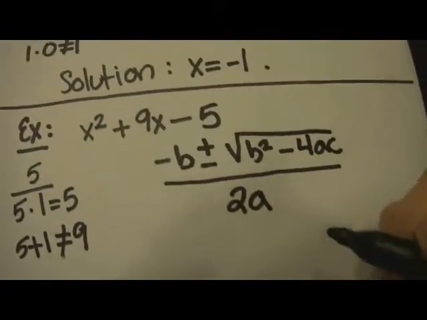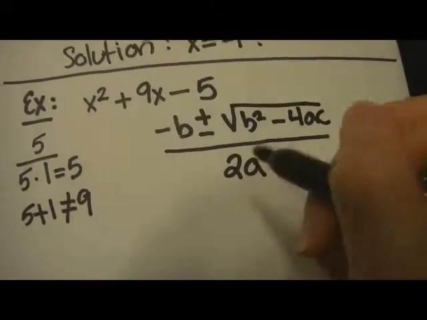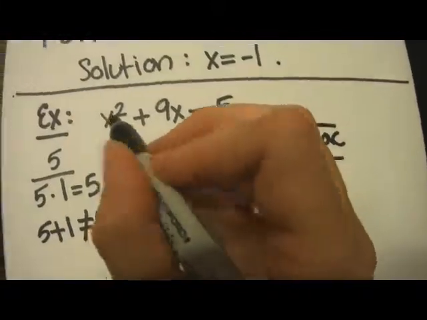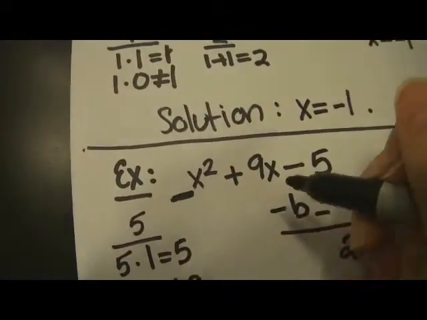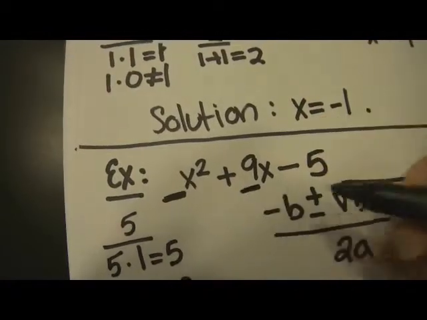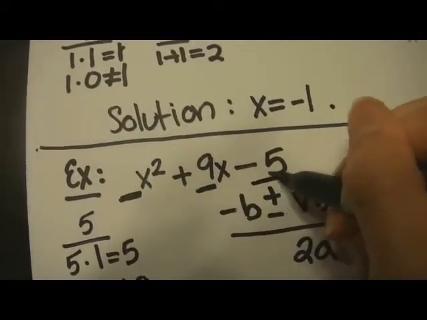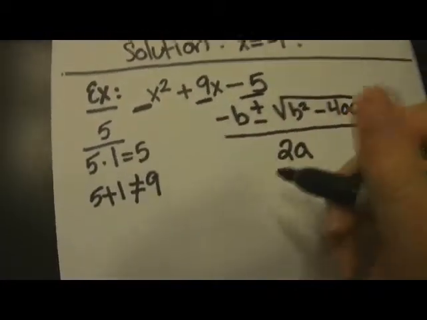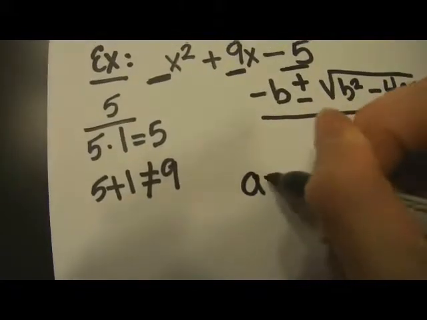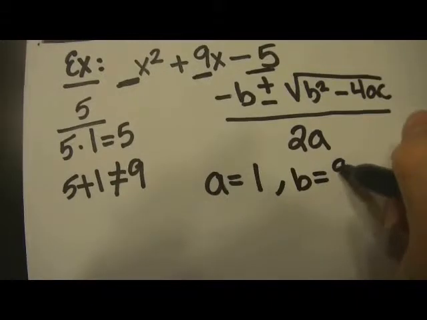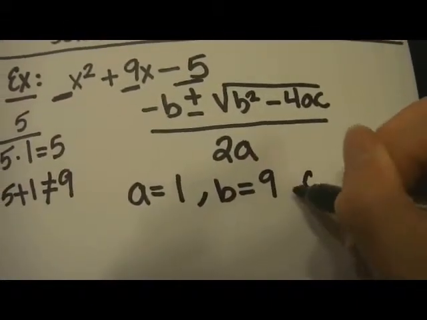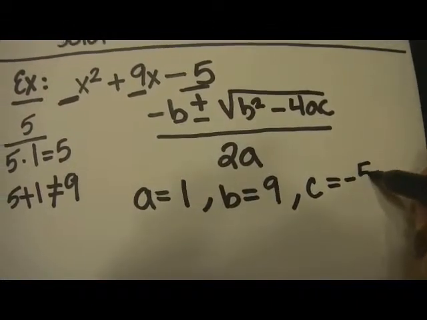Now, as you remember from the first video, a, b, and c are the coefficients. So our coefficient on the x squared is going to be 1. b is equal to 9, and c is equal to negative 5. So a is equal to 1, b is equal to 9, and c is equal to negative 5.